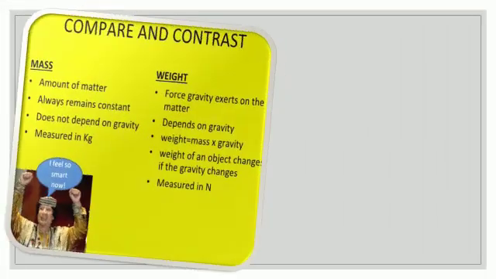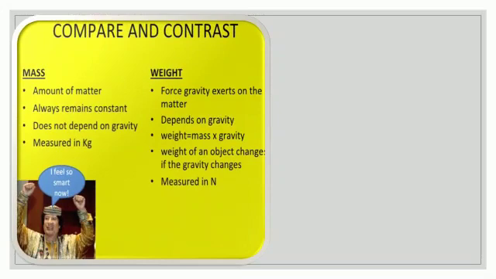Let us now compare mass and weight. Mass is the amount of matter, while weight is the force of gravity exerted on the matter. Mass always remains constant. It does not depend on gravity, while weight depends on gravity.